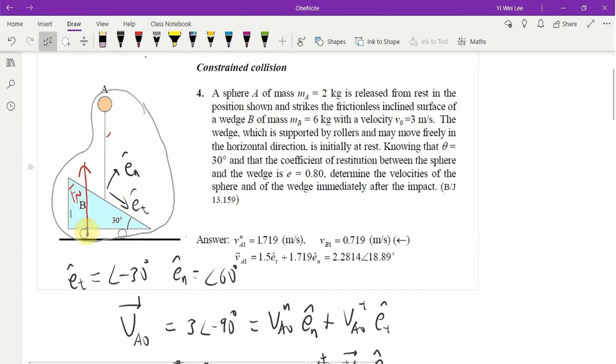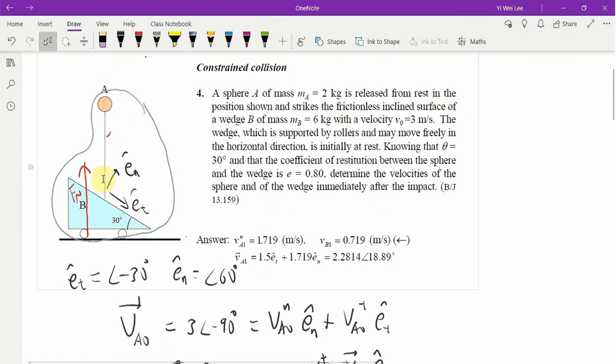This normal force that is contributed by the table onto this wedge here is actually the force which constrains wedge B to move along the horizontal direction. Please take this very seriously and very carefully. First of all, what I've done is draw my system boundary across both A and B.